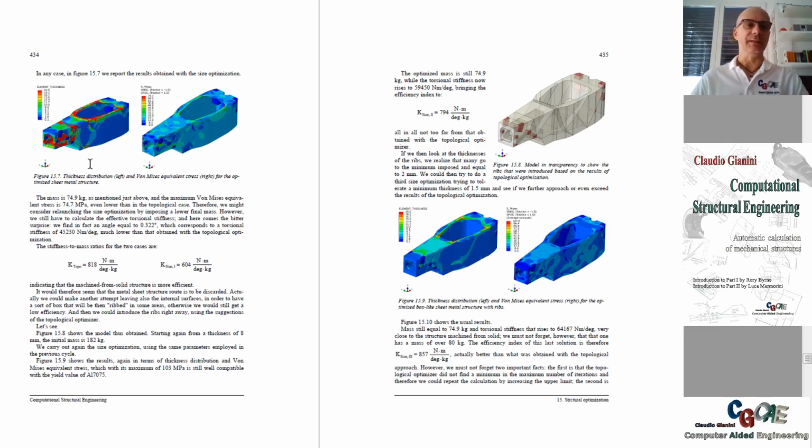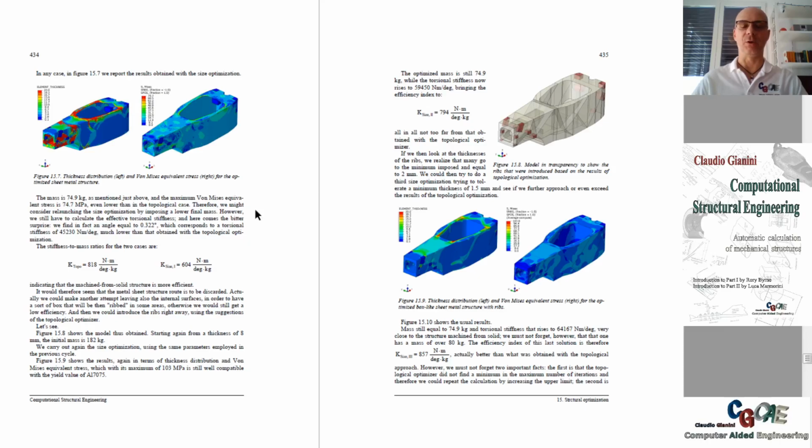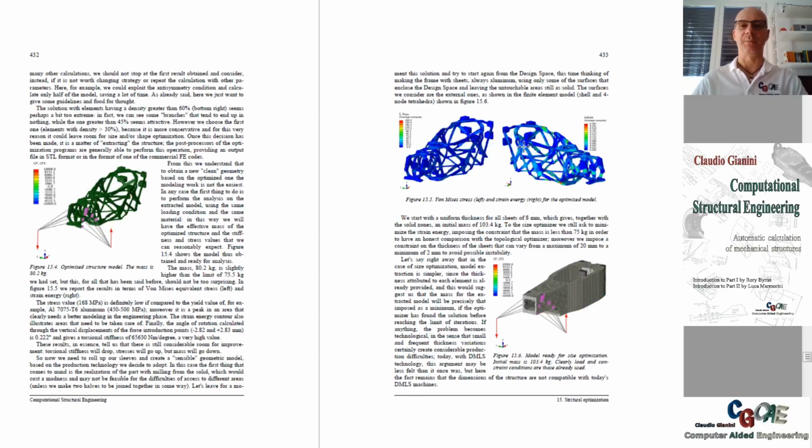And we see that the welded metal sheet is for sure worse than what we obtain here, but we can think of still using the metal sheet approach, but putting some ribs in the position where the topological optimizer has put the material, so to say.